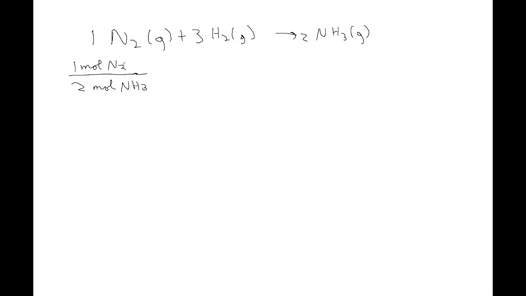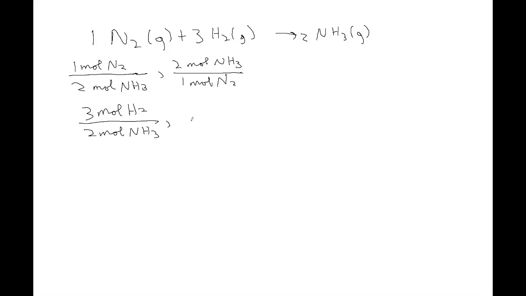Yeah, 2 moles. 1 mole N2 over 2 moles of NH3. Good. And vice versa. 2 moles NH3 gives us 1 mole N2. 3 moles of H2 gives us 2 moles of NH3.